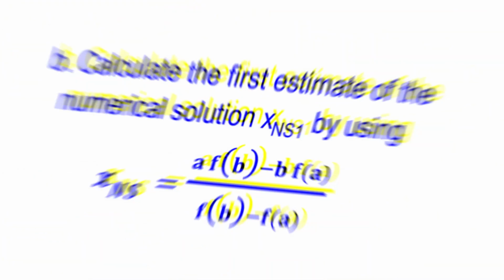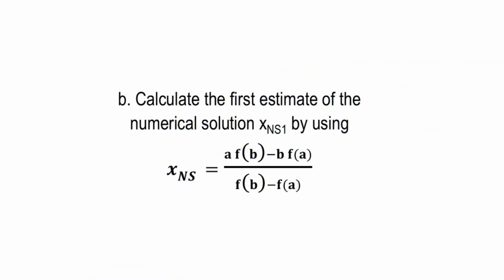Then, calculate the first estimate of the numerical solution x sub ns1 by using the formula x sub ns is equal to a multiplied by f(b) minus b multiplied by f(a), all over f(b) minus f(a).